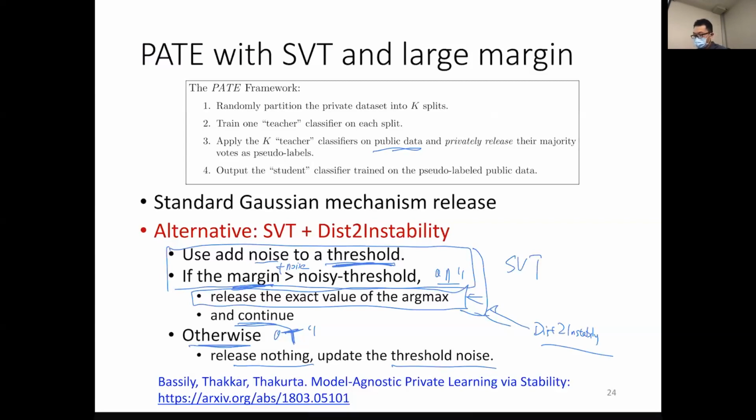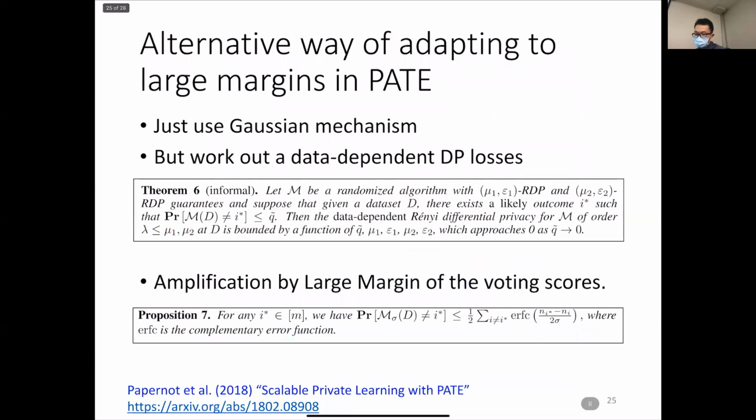But we're just sharing this part of the algorithm and then applying distance to instability and SVT together, and that gives us something that can release the exact value of the pseudo label, the teacher vote, whenever there is a high margin. So it turns out that this leads to substantially better algorithms that we can use to analyze PATE.